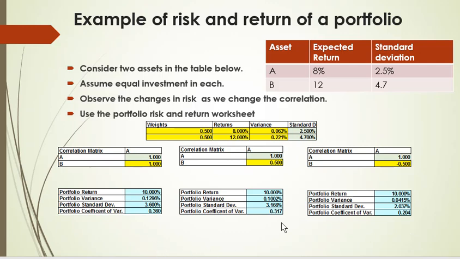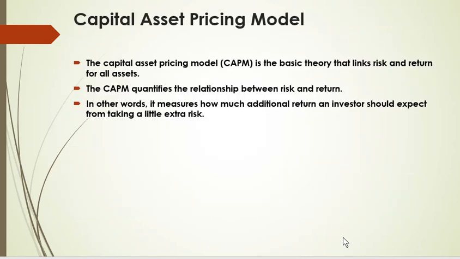So again, this example helps illustrate what happens when we combine assets that have lower correlations. You get greater opportunities for diversification. Now, the theory that drives this risk-return relationship is something called the capital asset pricing model.